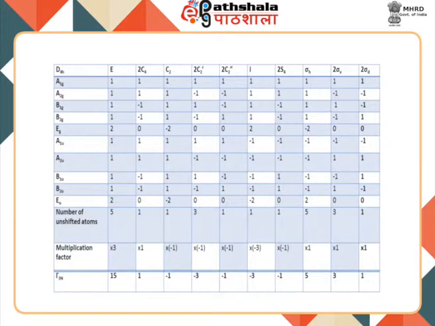So, I am having now the figures 5 1 1 3 1 1 1 5 3 1, and after multiplication by the factor corresponding to the symmetry operations, we have tau reducible as 15 1 minus 1 minus 3 minus 1 minus 3 minus 1 5 3 and 1.